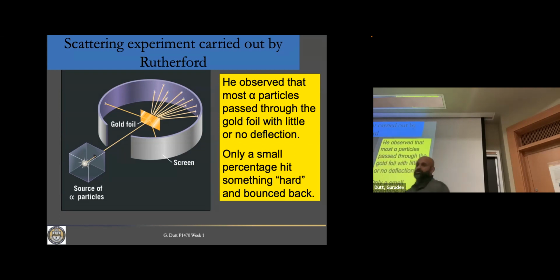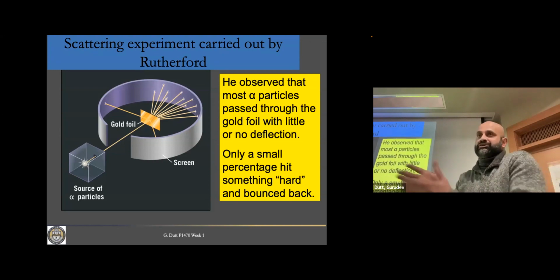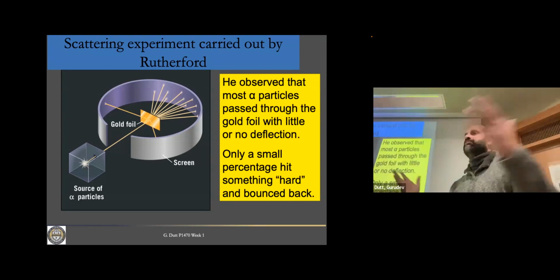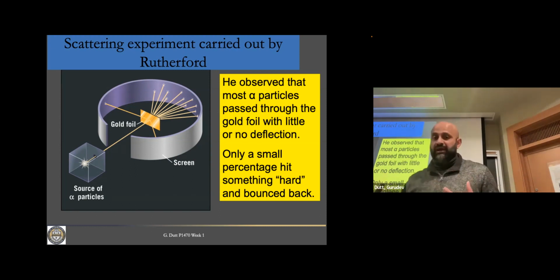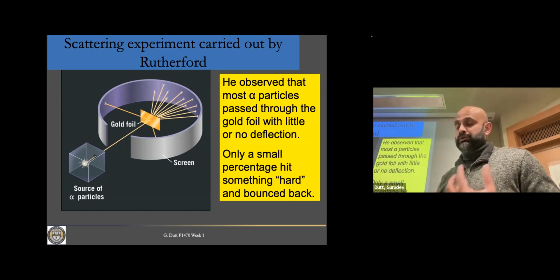And that wouldn't be true if this was just like a jelly through which the alpha particles went. They would just get slightly deviated, but they shouldn't be reflected back by huge amounts. That only happens when one positive charge directly collides with another positive charge. Now suddenly you get big angles in the deflection. Okay. So that was his key evidence for the nuclear model of the atom.